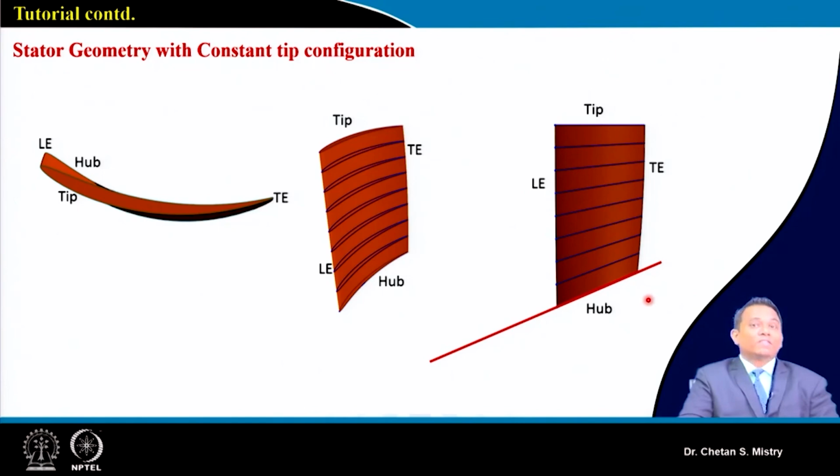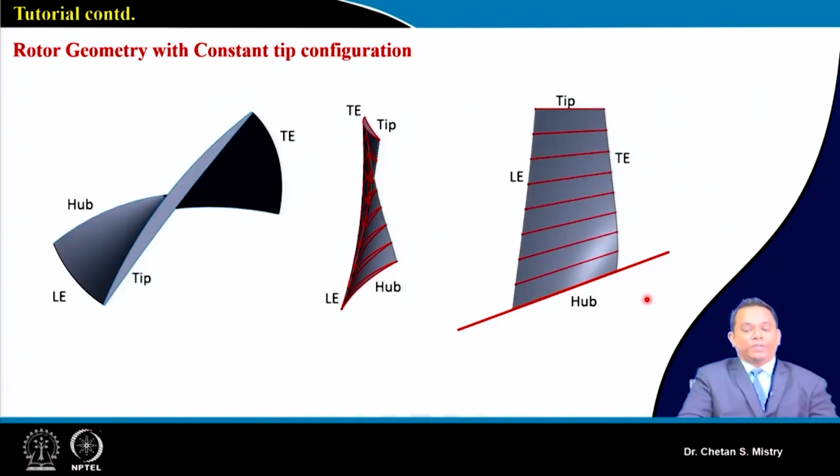Now a very interesting point you need to observe for both rotor as well as stator. What needs to be observed? All the aerofoils we have discussed, the program we have discussed, makes a 2D aerofoil. That has x and y coordinates, and that too in one plane.